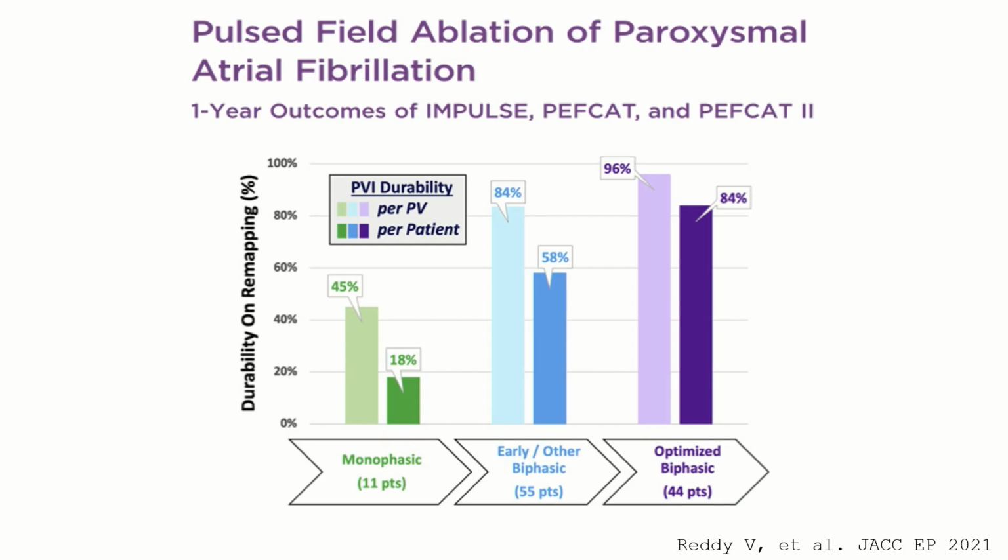showing the results of the Impulse PEFCAT and PEFCAT2, showing that basically if we start optimizing, and we are in the process of doing this with every new device that we are getting on the market, if we optimize the way that PFA is given, then we will have more durable pulmonary vein isolation.